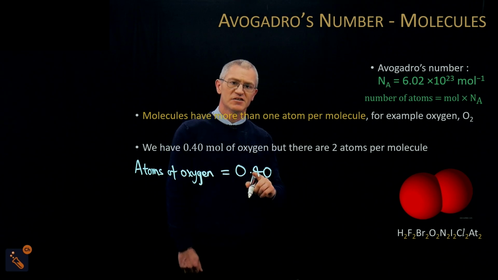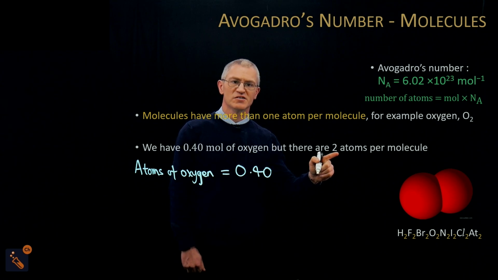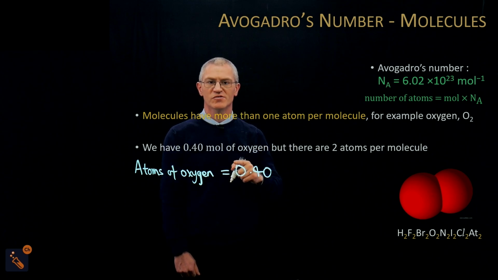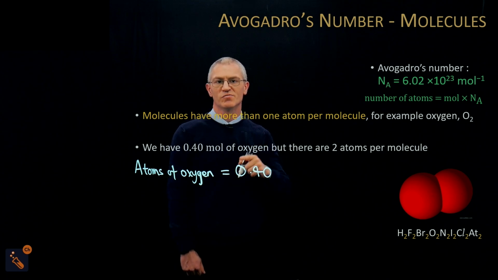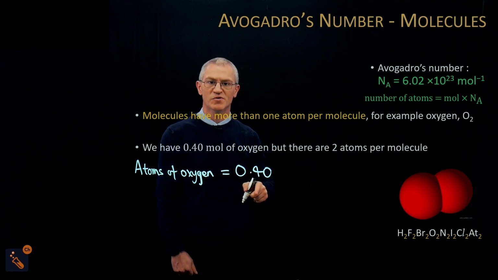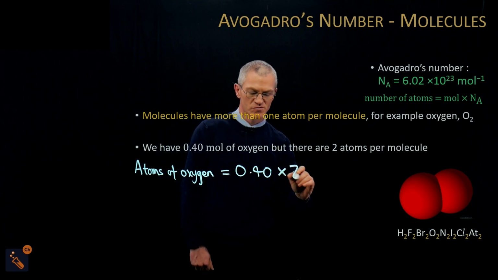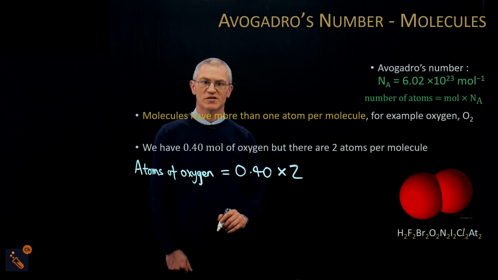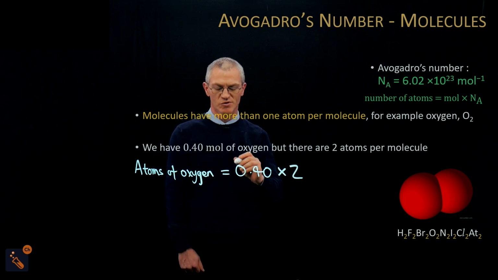If I have 0.4 moles of molecules, I will have twice the amount of moles of atoms, because in 1 molecule I have 2 atoms. So 1 molecule is 2 atoms, that means 1 mole will have 2 moles, that means 0.4 moles will be 0.8 moles, because we have 2 atoms per molecule.